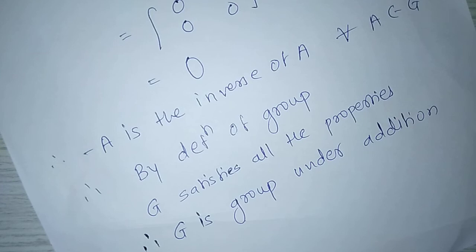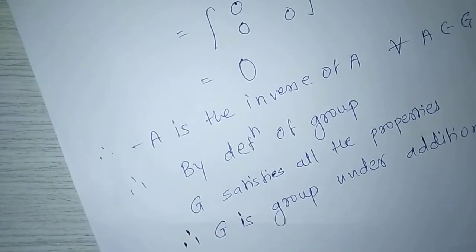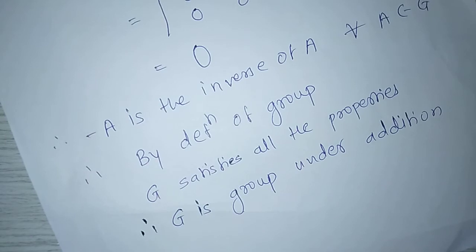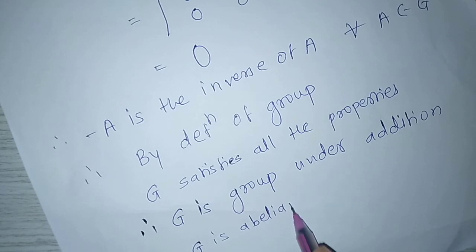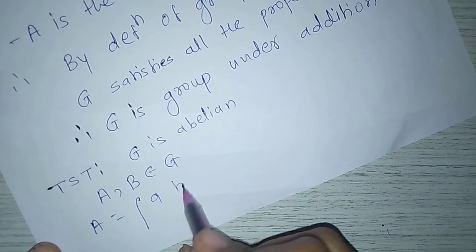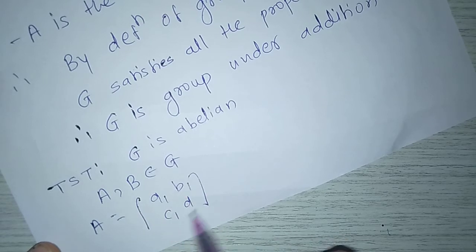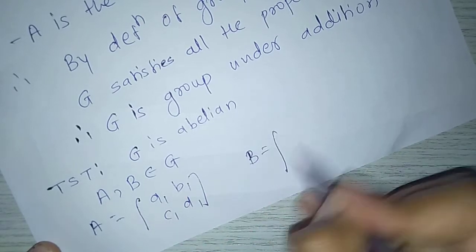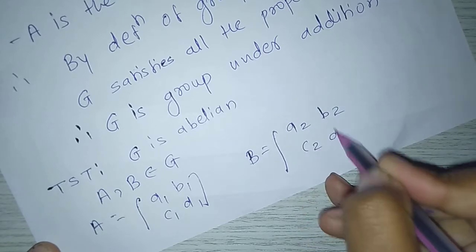Now here we show whether G is abelian or not. To show that G is an abelian group, first we have to show that G is a group. Here we have shown that G is a group. Now to show that G is abelian, take two matrices of G, A equal to a, b, c, d or a1, b1, c1, d1, and B equal to a2, b2, c2, d2.